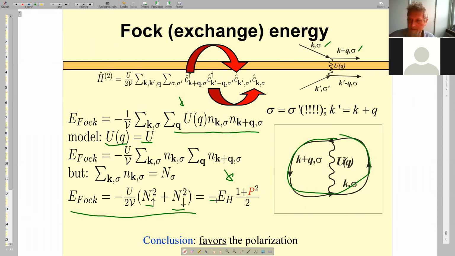So we have finally identified the possible origin of the magnetic state, because we see that Hartree-Fock energy eventually favors the polarization. Fock energy is smaller for the magnetic state. Good.